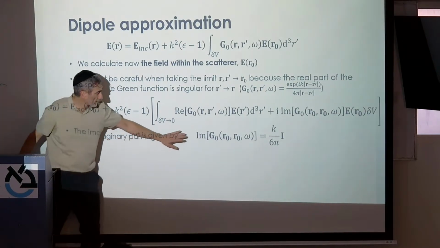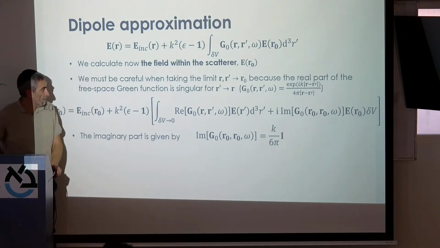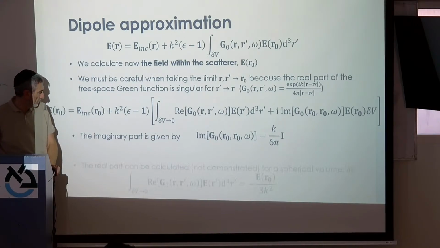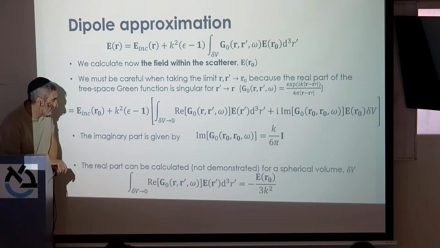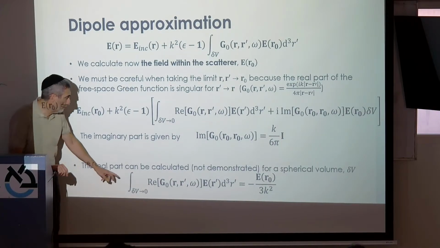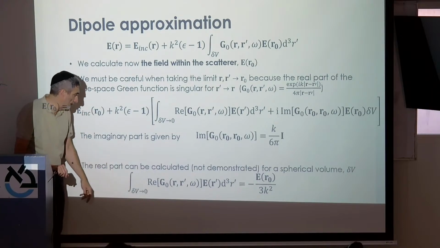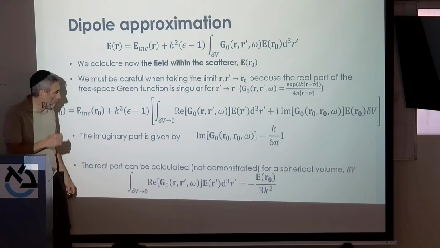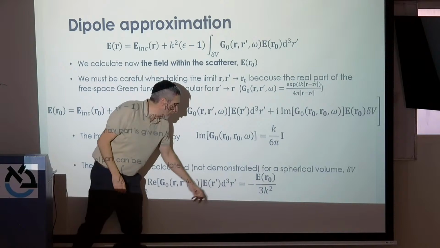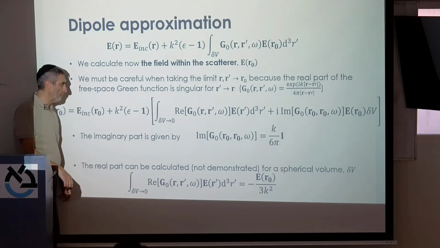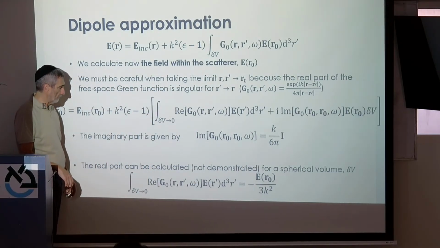This is simply actually this expression. Imaginary of G0 is given by the identity times some factor. But the real part can be calculated for a volume delta V that goes to 0 here, and is equal to E of R0 over 3k squared minus E of R0 over 3k squared.